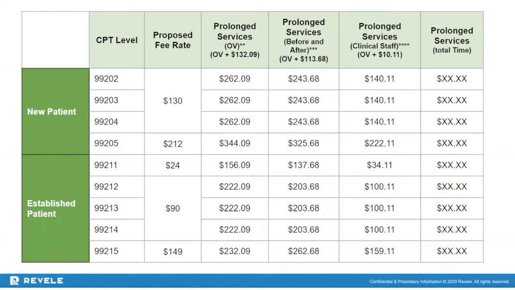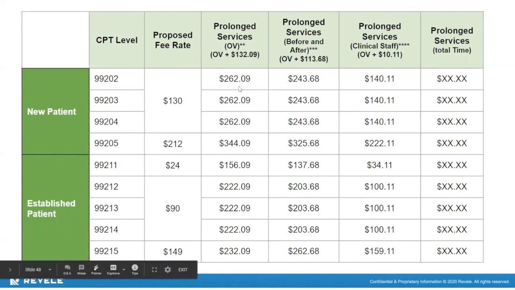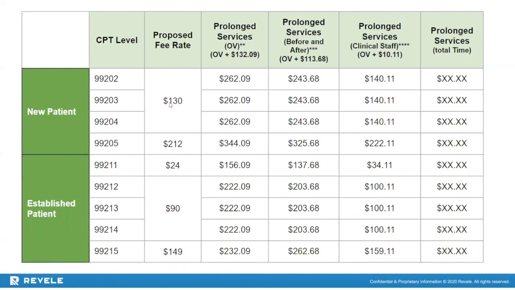For a new patient, maybe it was just an evaluation and management that leveled out as a 99202, and the doctor provided additional prolonged services, adding the $130 fee rate of the 99202 along with the prolonged services of $132.09, making the fee $262.09.